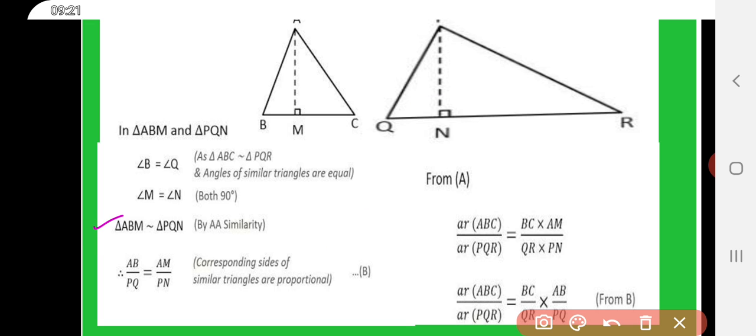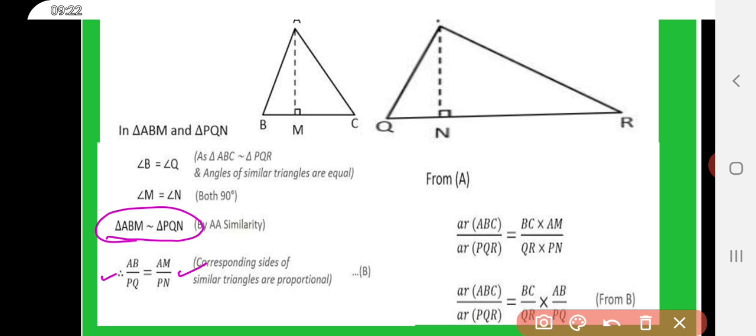Now by the AA similarity criterion, triangle ABM is similar to triangle PQN, which implies that AB by PQ is equal to AM by PN.